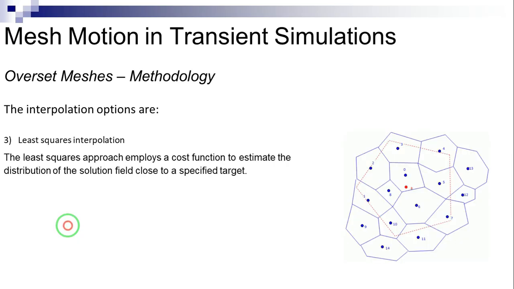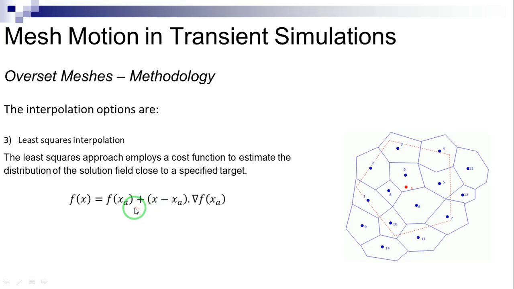Third, least squares interpolation. The least squares approach employs a cost function to estimate the distribution of the solution field close to a specific target. In this diagram, the solution field has defined values Fi at the centroid faces i of the source mesh. In order to assess the mapped value at the target point A, STAR-CCM+ utilizes a first-order Taylor series to approximate the solution field F centered around A, as you can see here in this equation.